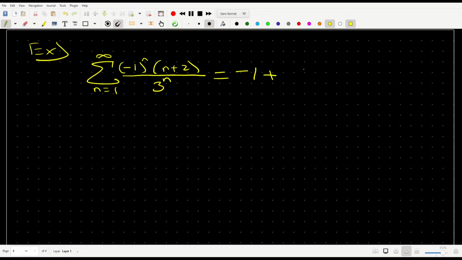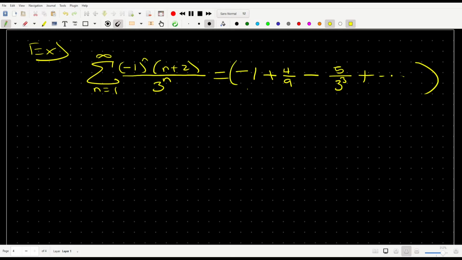And this is because we have negative 1 squared is positive 1, and then 2 plus 2 is 4, divided by 3 to the power 2 is 9.